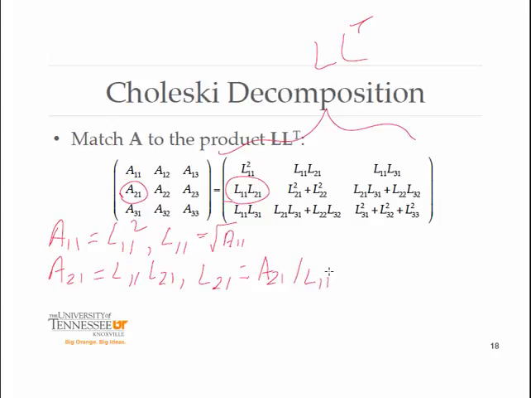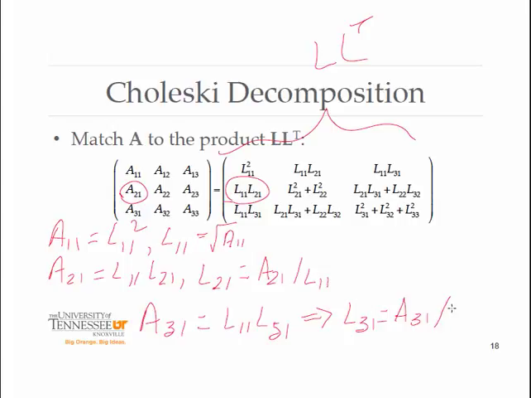So immediately we can see how we would derive the second component of the first column of L. And then finally A31, just from pattern matching, would have to be L11 times L31. That would imply that L31 is the A31 element of the original matrix divided by L11.